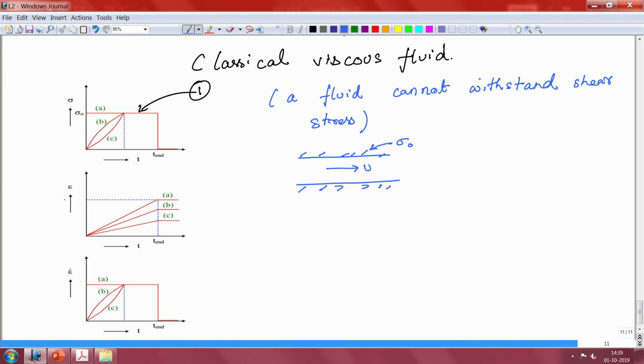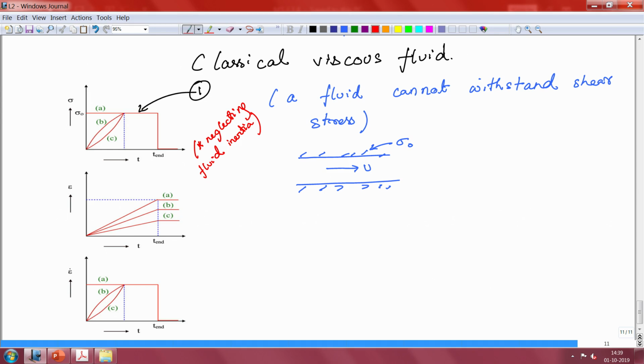So, your strain will keep on increasing till the duration of sigma naught, and if we neglect inertial effects, then this increase is linear. So, this is the diagram that has already been drawn for you. Please note that this neglects fluid inertia, so in a sense at a very low Reynolds number condition.